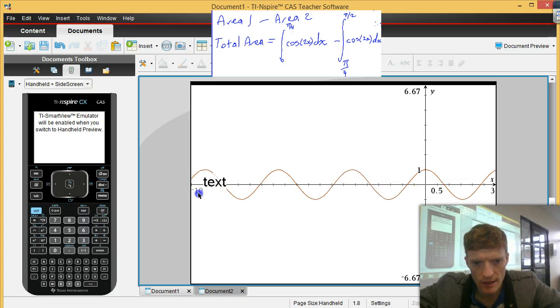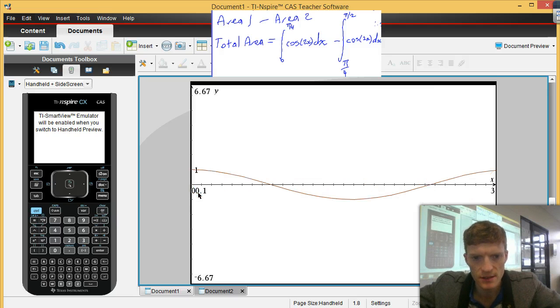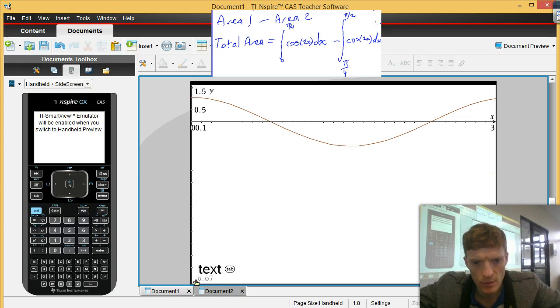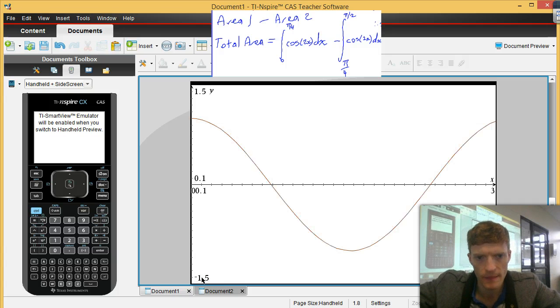Let's just look at a region of interest, changing the window so I can zoom in on my area that I'm looking at. There it is. Now, we were finding the area in between 0 and pi on 2.